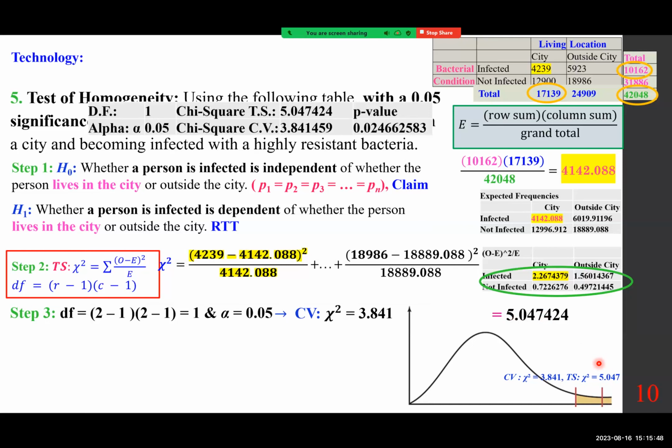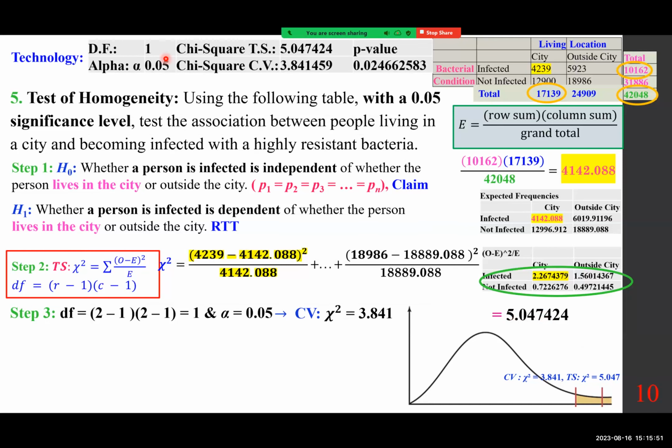Now, if you go with the technology, degrees of freedom is 1, alpha is 0.05. Here's the chi-square test. Here's the p-value. And by the way, speaking of the p-value, it would be this area. The area to the right of the test statistic is the p-value.